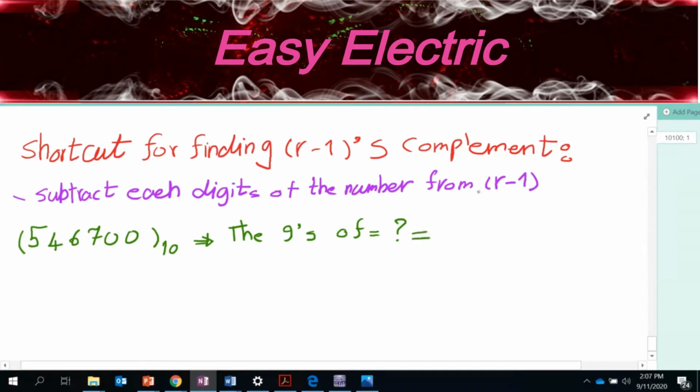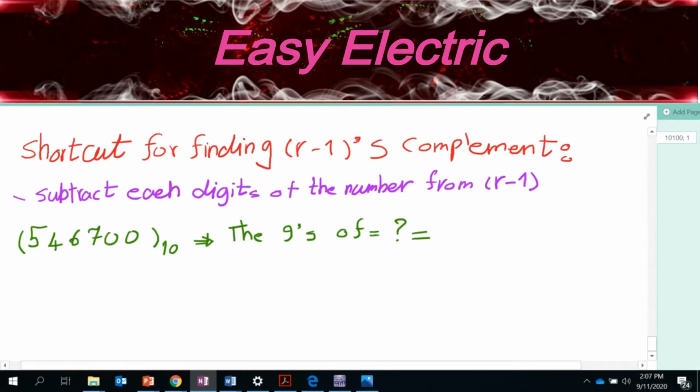So it is easy. All digits, no matter whether they are 0 or non-zero, will be subtracted from r-1, which here is 10 minus 1, which is 9.